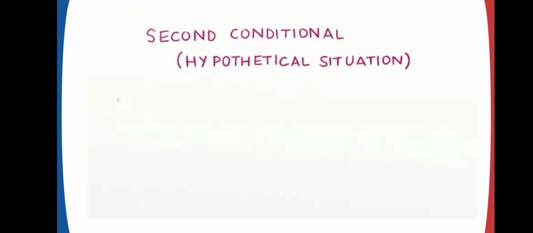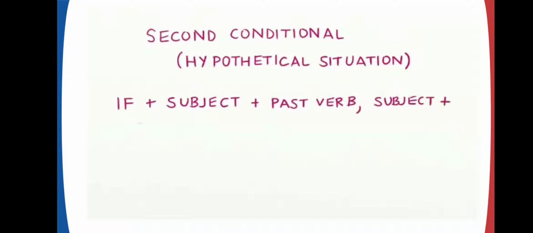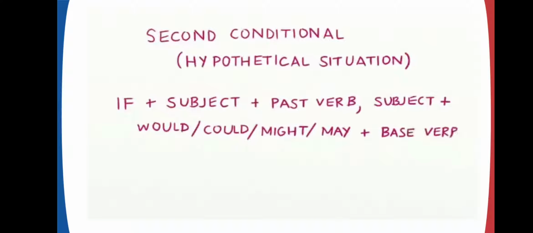Today we're going to learn about the second conditional. We use the second conditional in hypothetical situations. The formula is if plus subject plus past verb, comma, subject plus would, could, might, or may plus base verb.